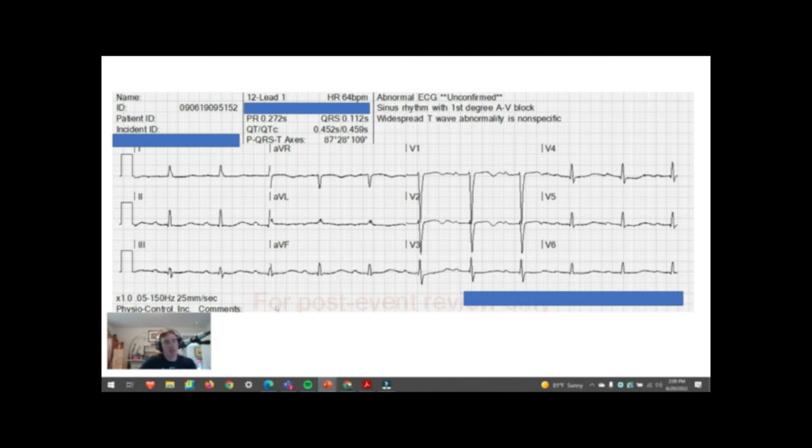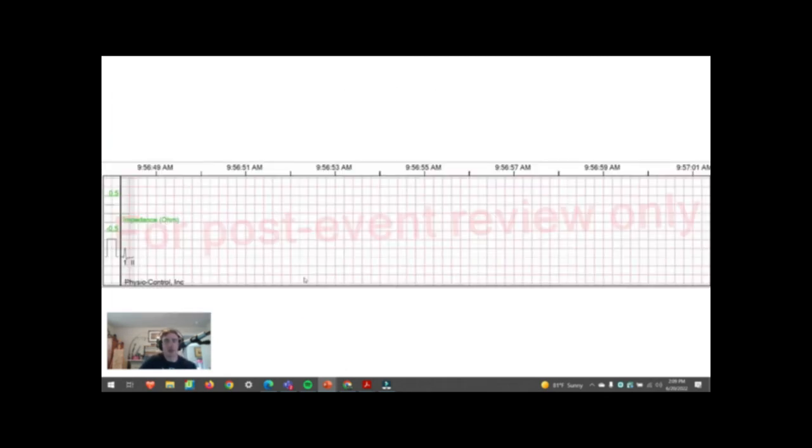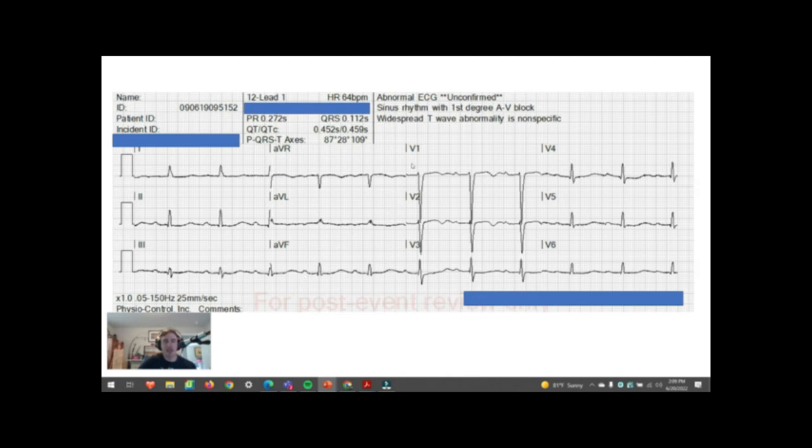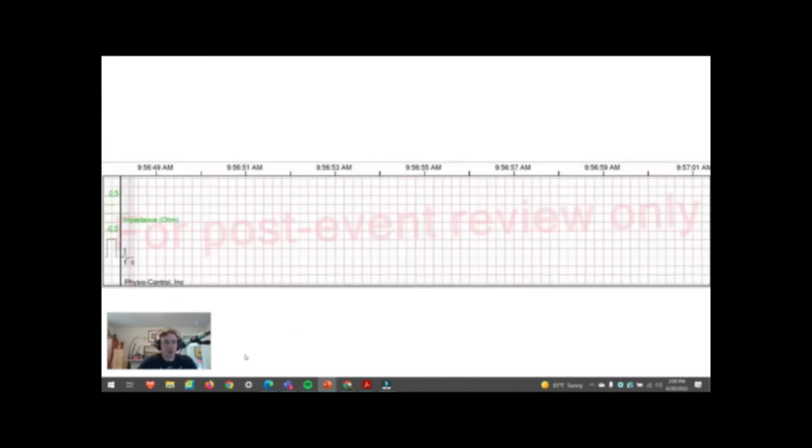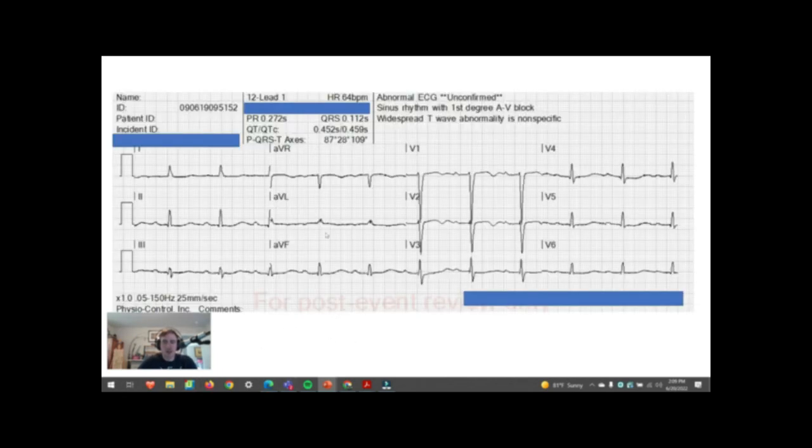Yeah, that's pretty long. A general rule of thumb is that if you draw a line at the end of the T wave here, let me see if I can get my marker pulled up, and it looks like it's just not showing.